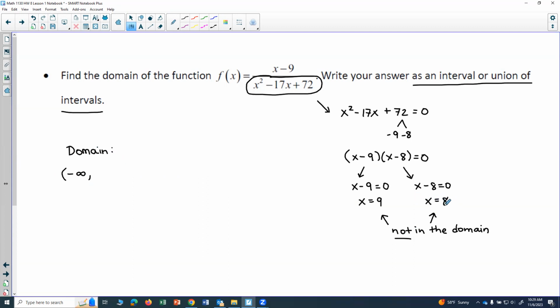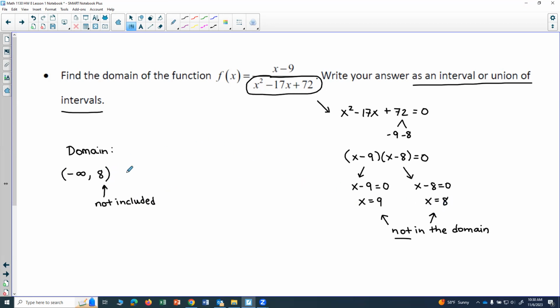Now you want to take the one that comes first, the smaller one, and put that one in your first interval. So negative infinity to 8. To exclude 8, I'm going to put a parenthesis. Remember, if I have a parenthesis, that means that number is not included. And we don't want to include it because it's not in the domain.